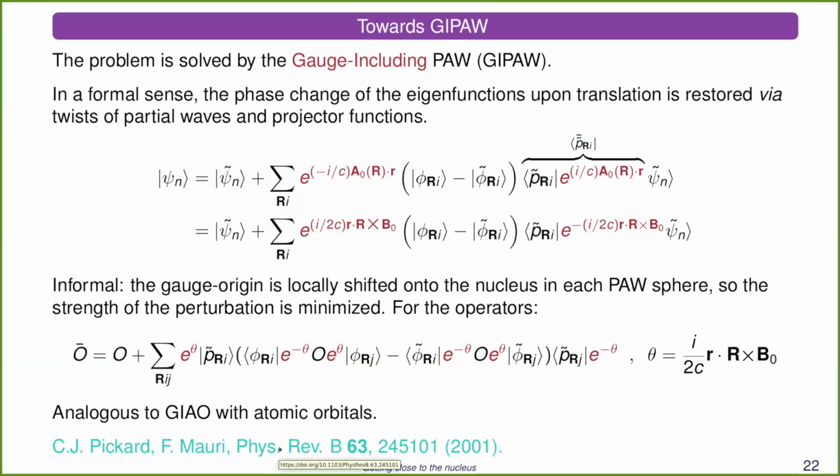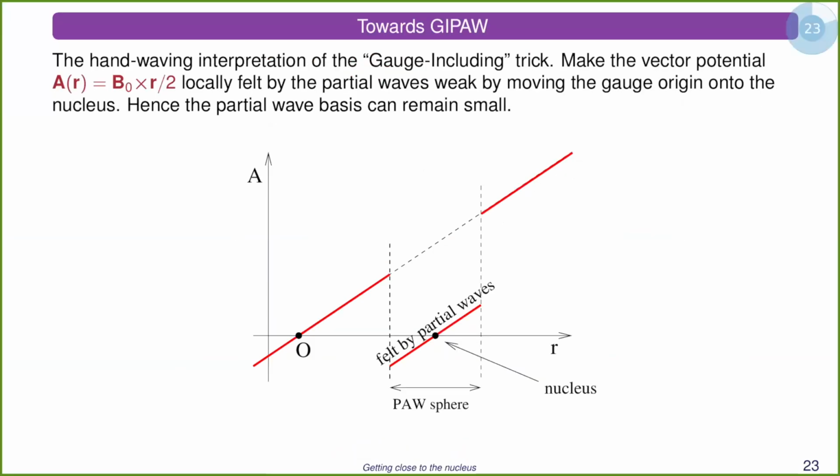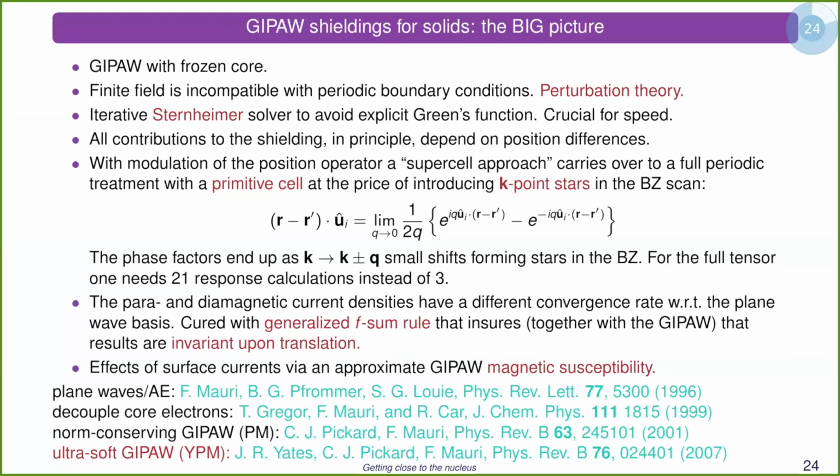And this gauge including trick is already older than PAW in the quantum chemical world. It's called gauge including atomic orbitals. And you find this in many of the quantum chemical codes. Okay, so this is a little bit about what GIPAW is doing.